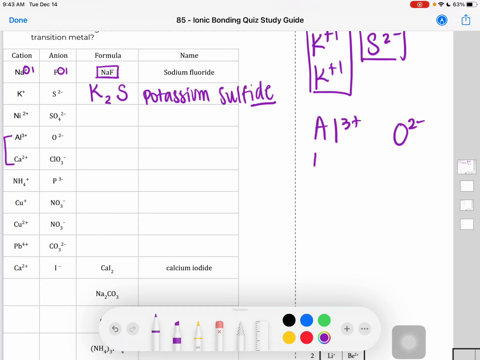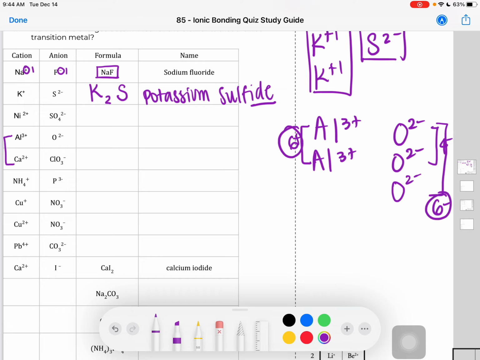So let me just add another aluminum. Now this part is 6+. If I add another 2-, this is 4-. It still doesn't equal. So what can you do? I hope that you said, oh, we can add another oxygen. So another oxygen, and now in total, this is 6-. So the 6+ and the 6- cancel out.